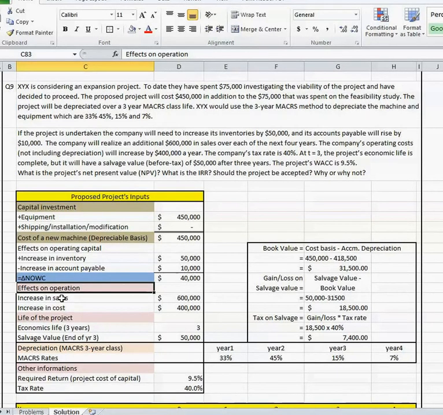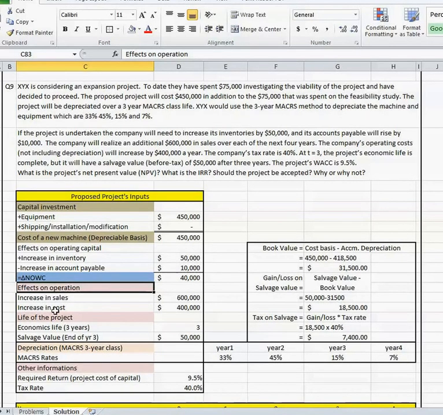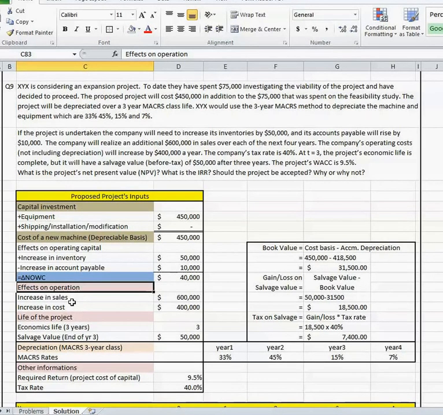That's additional sales revenue. Sometimes both the sales revenue and the operating costs are given as a net: the increase in sales minus the increase in cost gives you the net effect of this project.